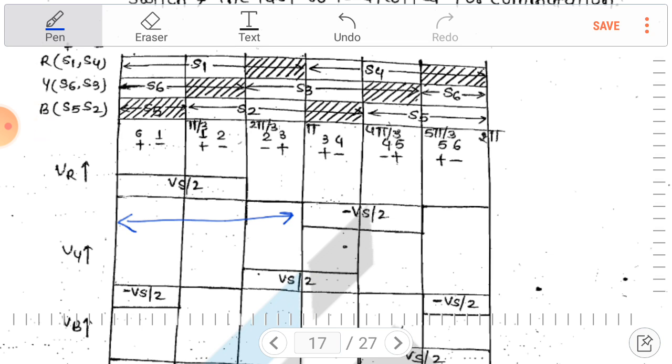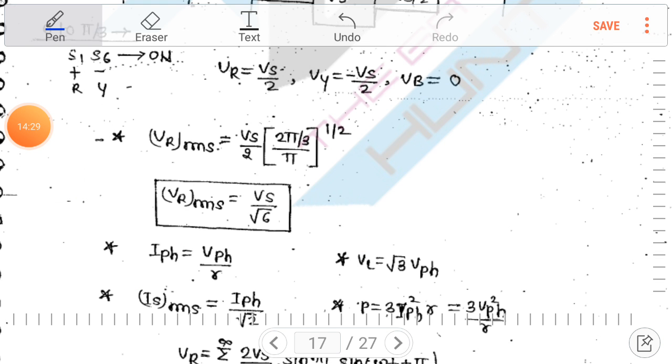The Vs by 2 pulse is conducting for 2 pi by 3 in the span of 0 to pi. So Vrms is Vs by 2, this is the magnitude, this is the time where the pulse is conducting, and this is the total time pi: Vs by 2 into 2 Vs by 3 by pi, to the power 1 by 2.